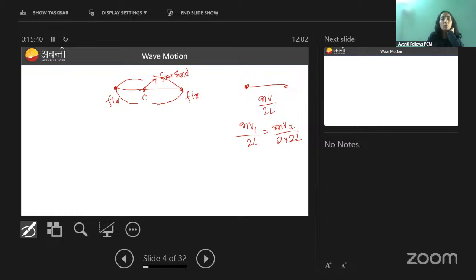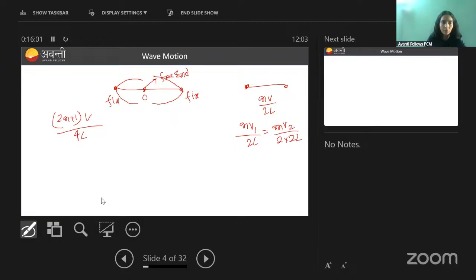Okay, so if you now use the general formula, what is the general formula? (2n plus 1) v by 4l. This is the general formula when one end of the string is fixed and the other end is not fixed. So here also you can do the checking.